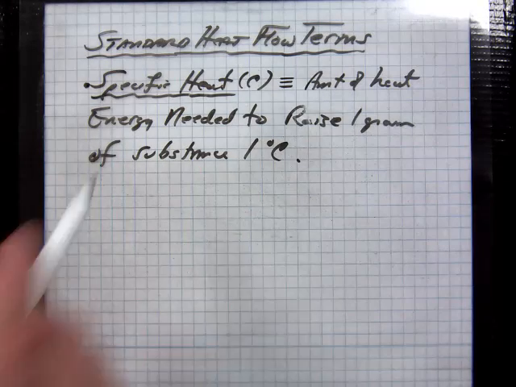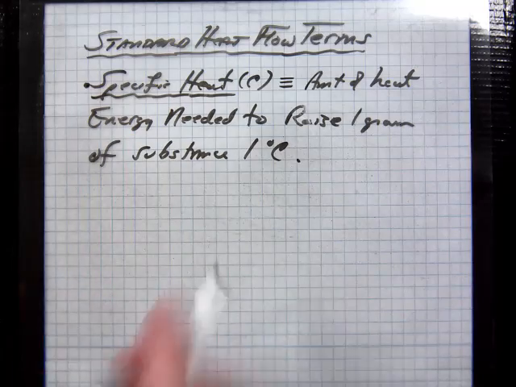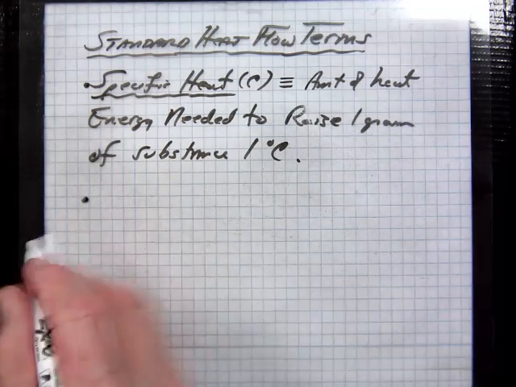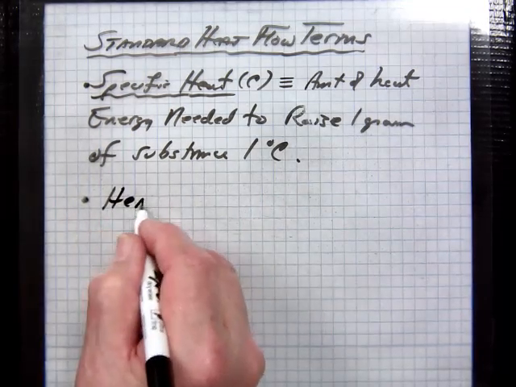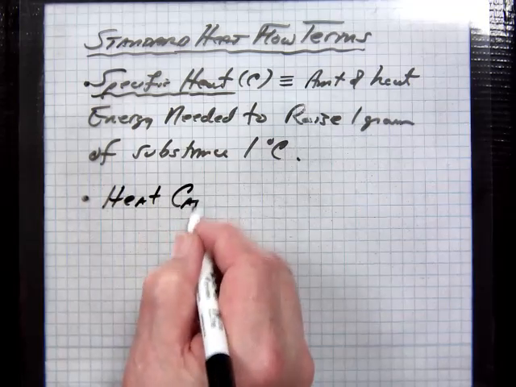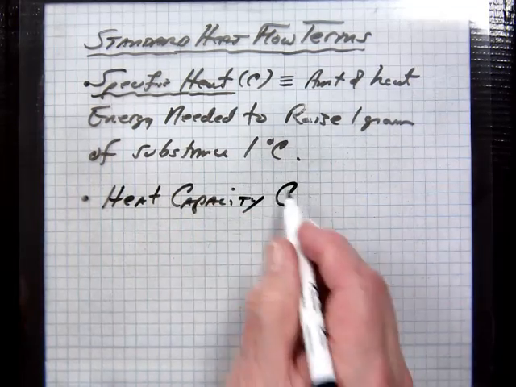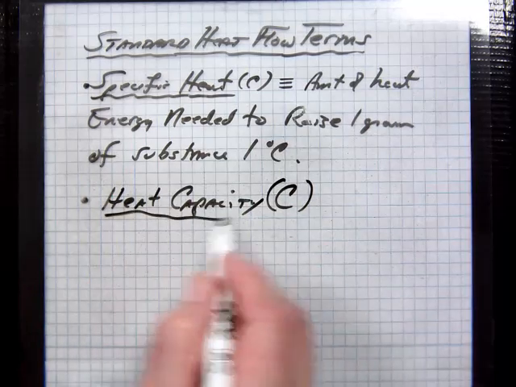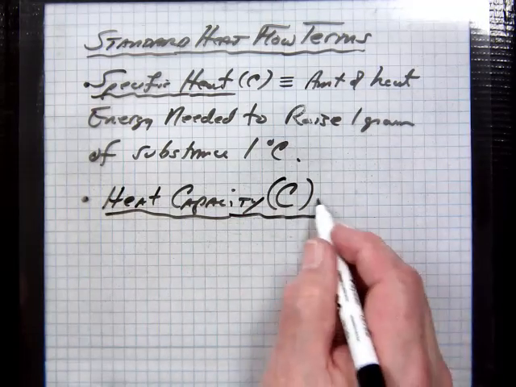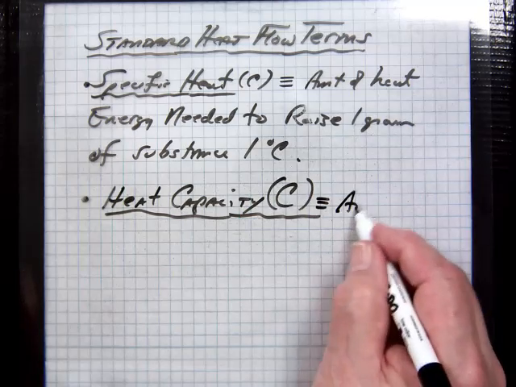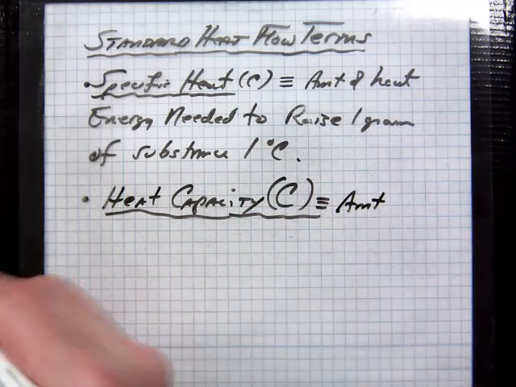A second heat flow term is heat capacity. And that's a capital C. This is defined in the same way, except the quantity is different.